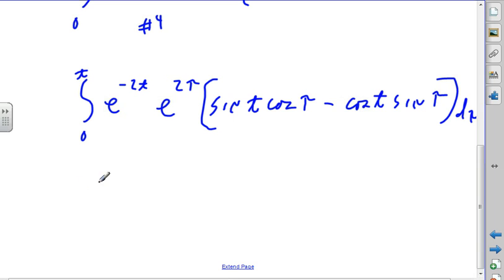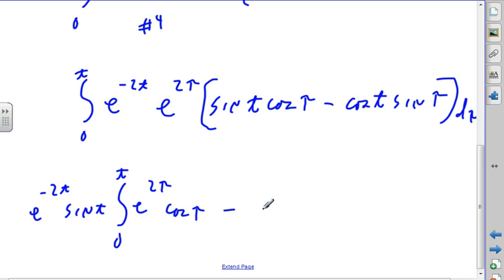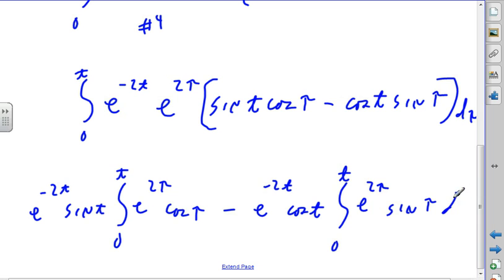All right, so I can bring out e to the minus 2t sine t, because that's just a constant. The integral from 0 to t of e to the 2 tau cosine tau, minus e to the minus 2t cosine t times the integral from 0 to t of e to the 2 tau sine tau d tau.